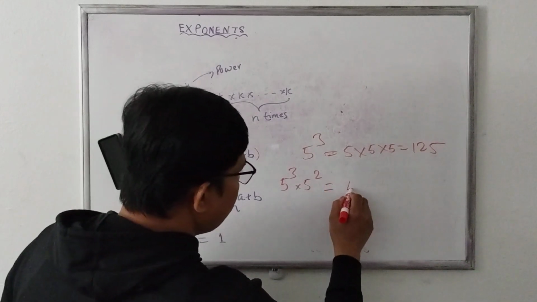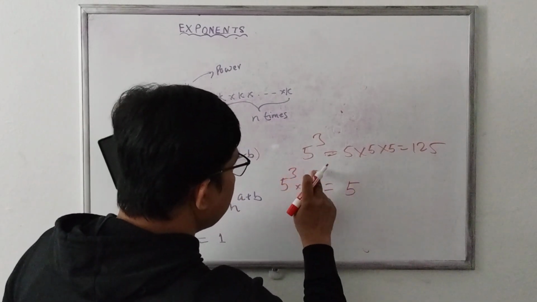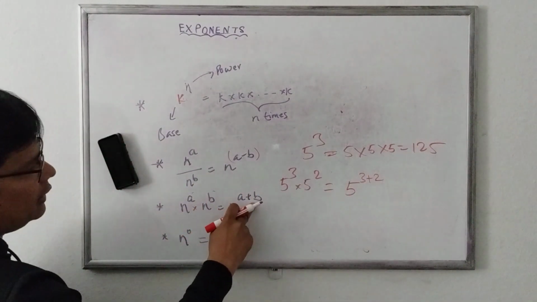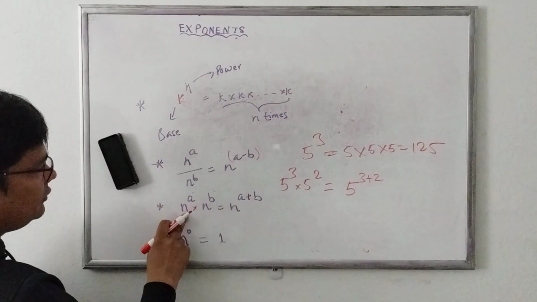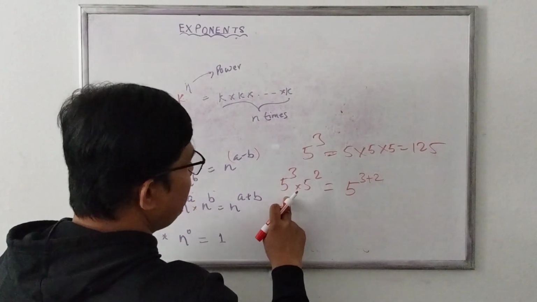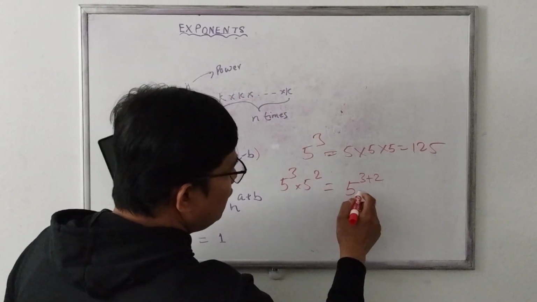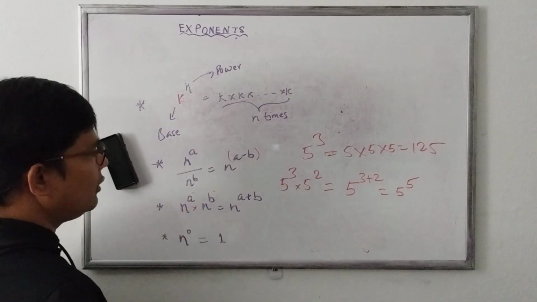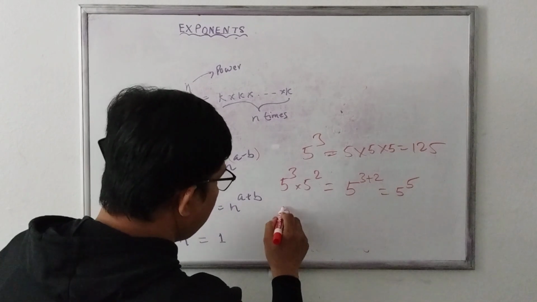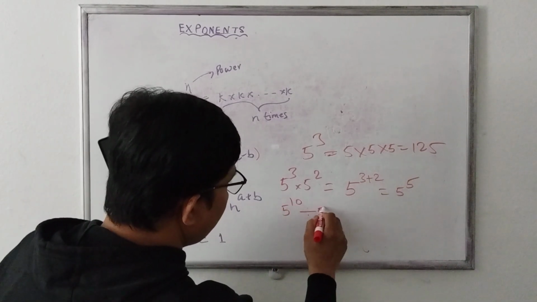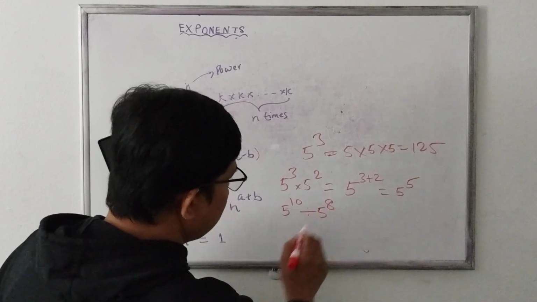You will do 5 power 3 plus 2 from this formula: n power a times n power b is equal to n power a plus b. So 5 power 3 times 5 power 2 is equal to 5 power 5.